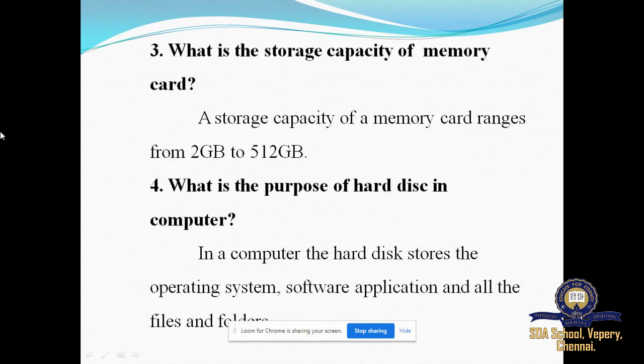The third question is: what is the storage capacity of a memory card? The storage capacity of a memory card ranges from 2 GB to 512 GB, but a pen drive has 4 GB to 512 GB. The fourth question is: what is the purpose of a hard disk in a computer?